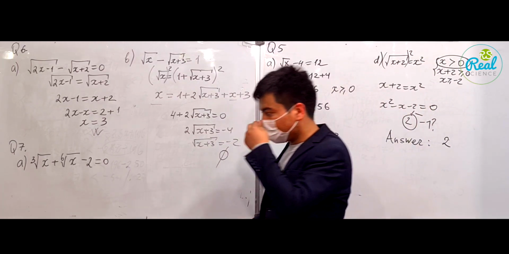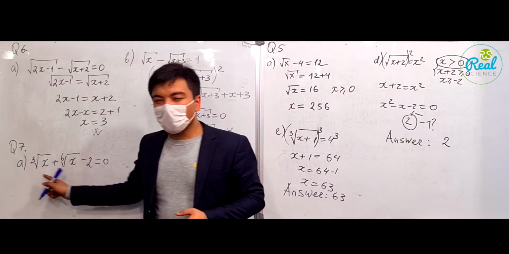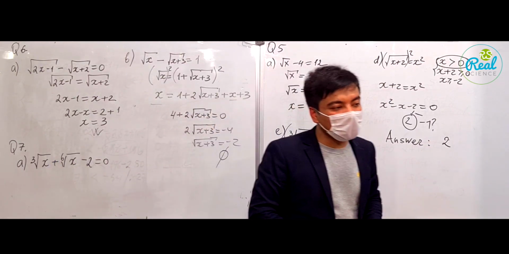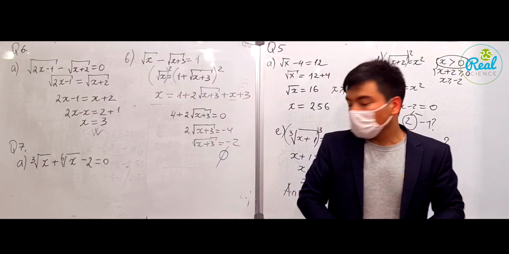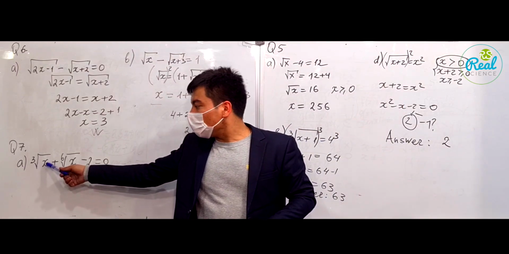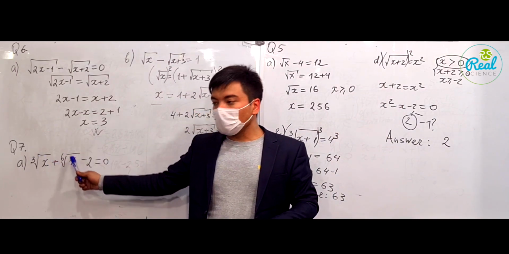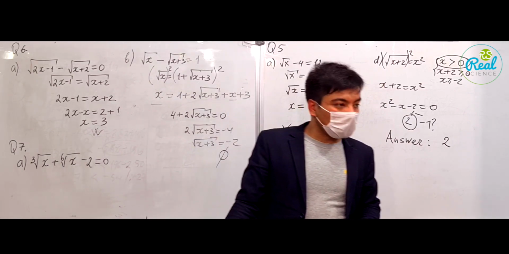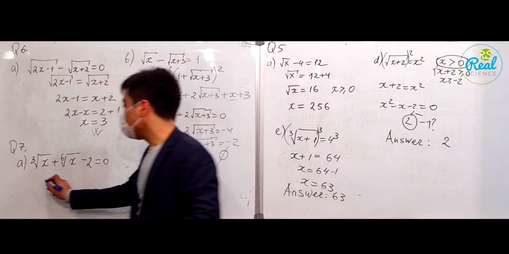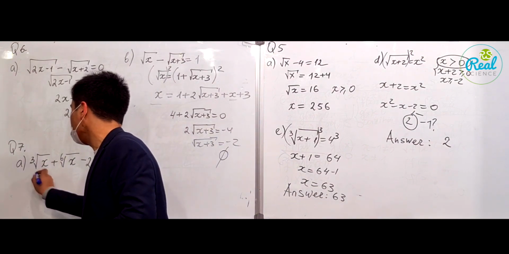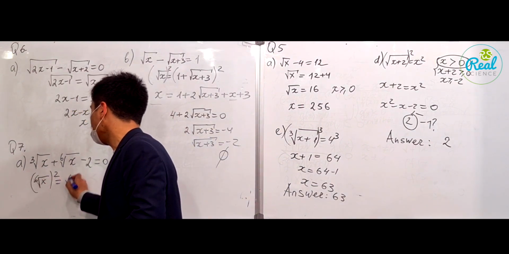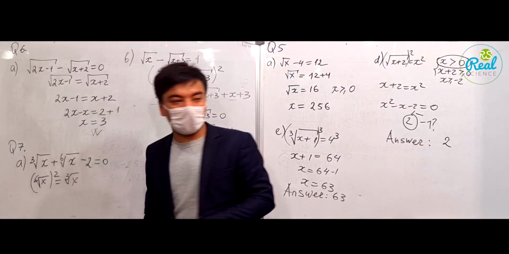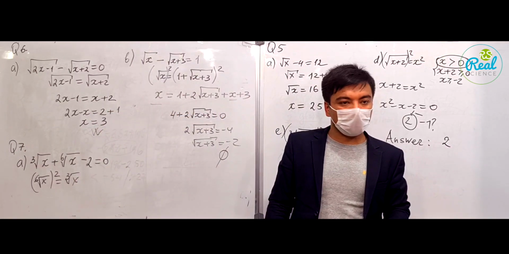In this case, actually, roots are rational exponents. The exponent of this is 1 over 3, the exponent of this is 1 over 6. Which one is bigger? 1 over 3. It means the square of 1 over 6 is 1 over 3. Am I right? Square of this equals this one.